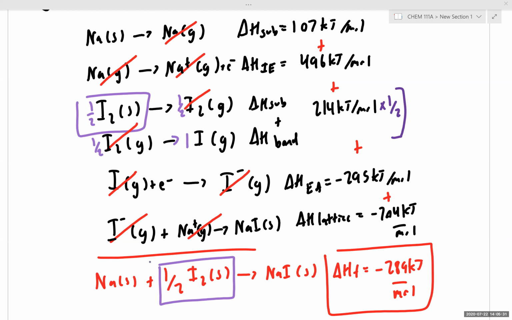Sublimation, solid to gas. Ionization, remove an electron. Electron affinity is gain an electron. Bond enthalpy, gaseous molecule to gaseous atoms. And lattice is combining ions to give a solid ionic compound. Did that answer your question in the chat? Did that help clarify some things?